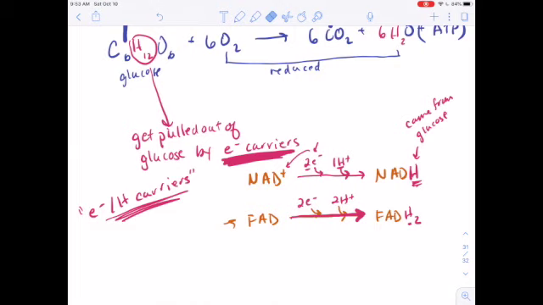LEO goes GER. Lose an electron or hydrogen atom, you're oxidized. Gain an electron or hydrogen atom, you are reduced. This NADH and FADH2, this is their reduced form. Their reduced form.